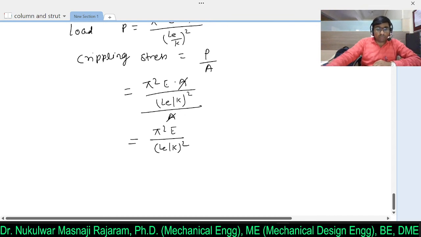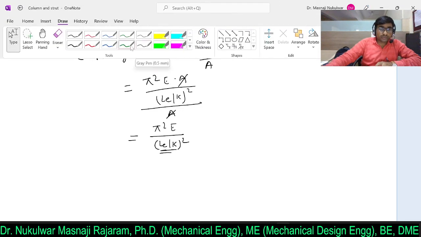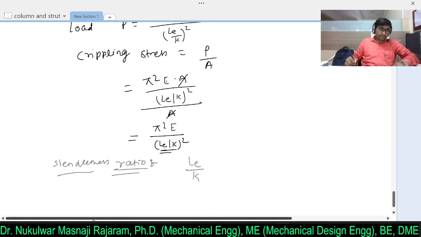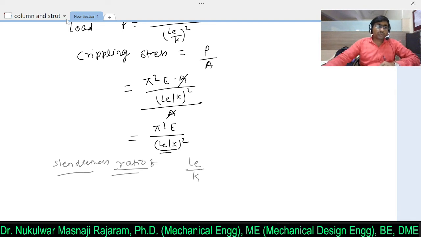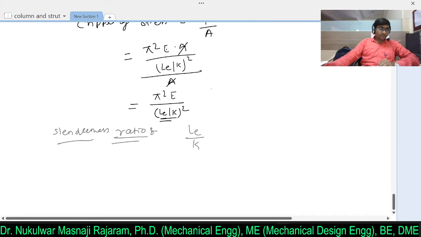Simple. So from this formula I am getting another term. Clear? So the term is nothing but the slenderness ratio, and this is nothing but the ratio of equivalent length divided by the radius of gyration. Simple. So this is all about Euler's formula.